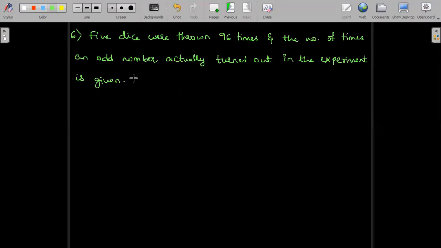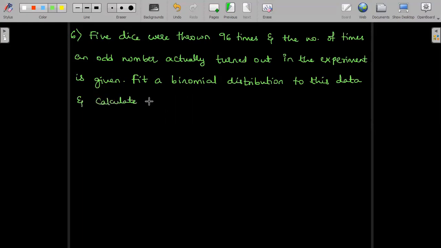Fit a binomial distribution to this data and calculate the expected frequencies.